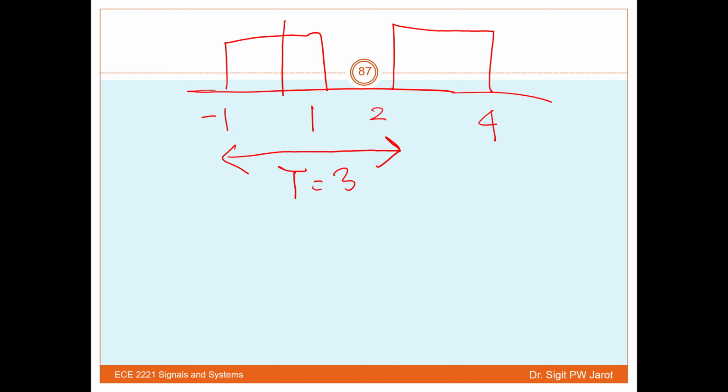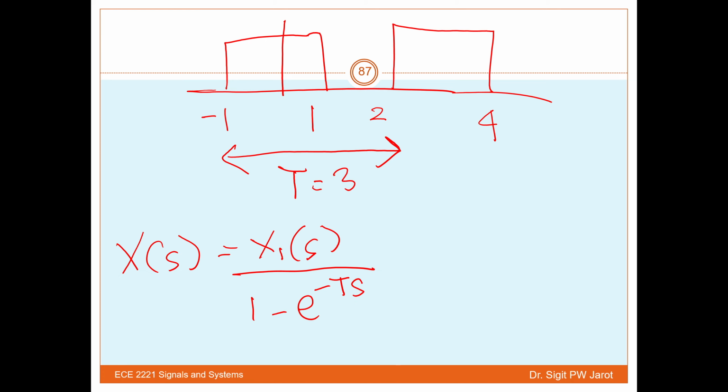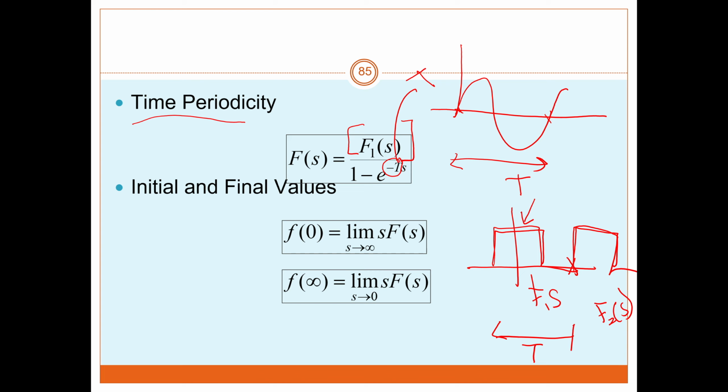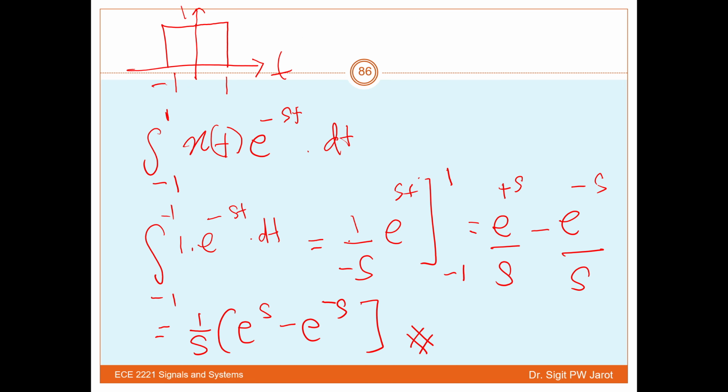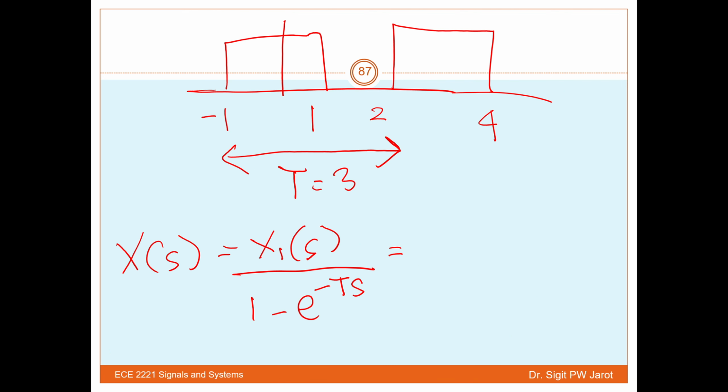Now we are using the formula. So X(s), the whole signal X(s), will be X1(s) divided by 1 minus e to the minus Ts. We refer to this formula. We have defined X1(s) previously here, so this is X1(s). But how about the rest of the signal?